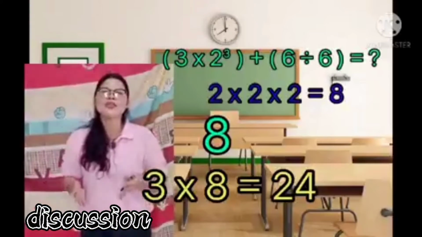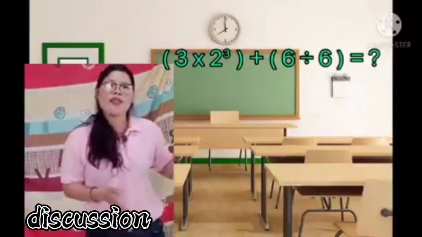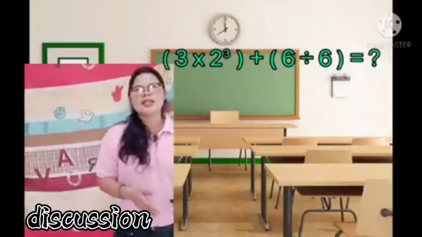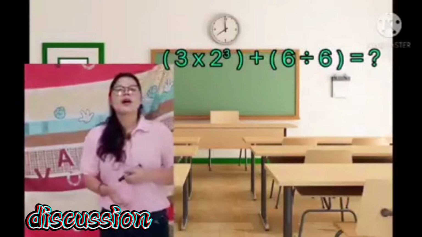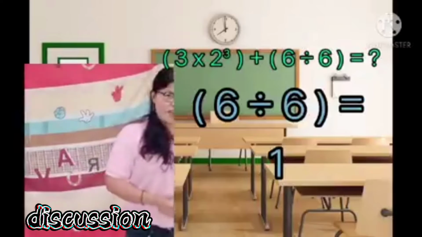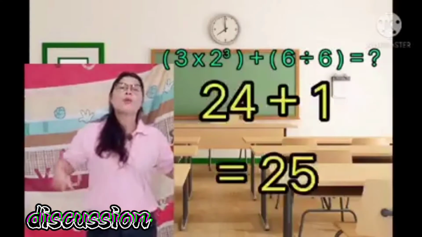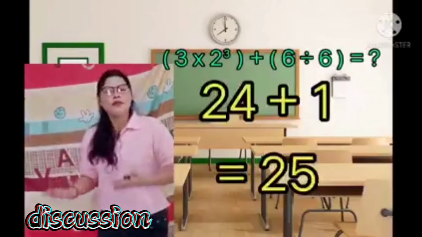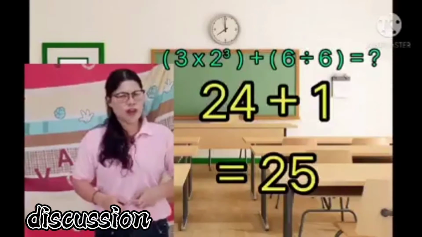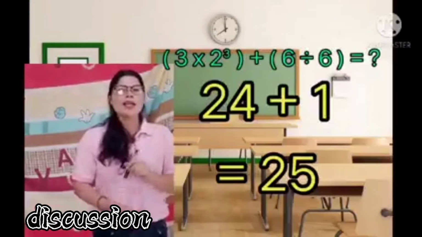And another group inside the parentheses, 6 divided by 6, the answer is 1. So to combine, 24 plus 1 equals 25. That's how you get the correct answer.